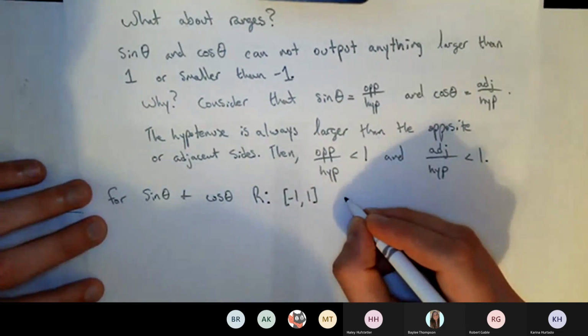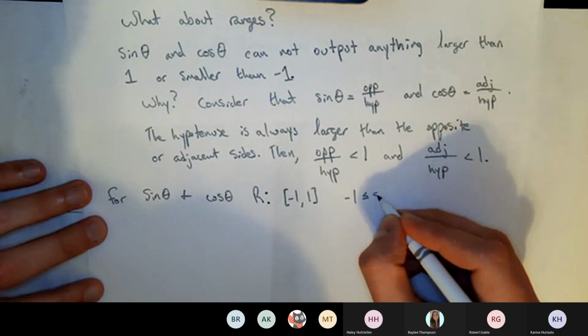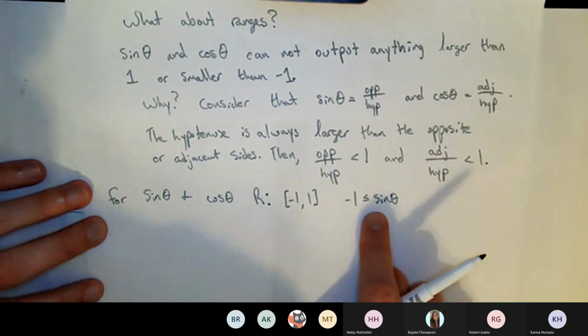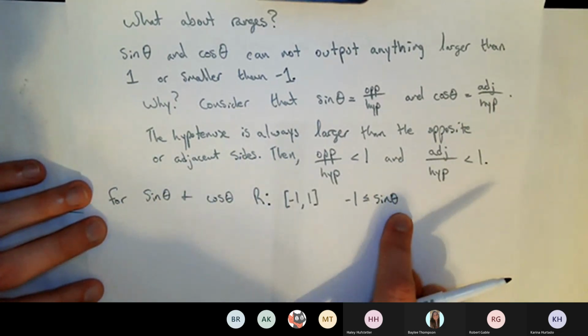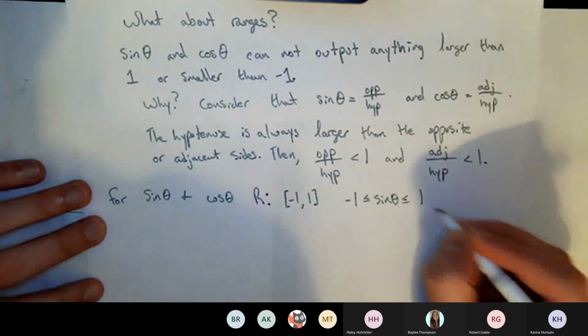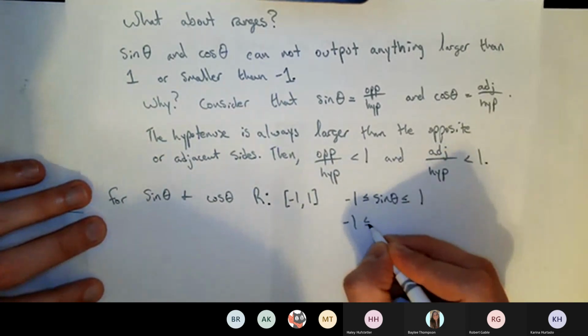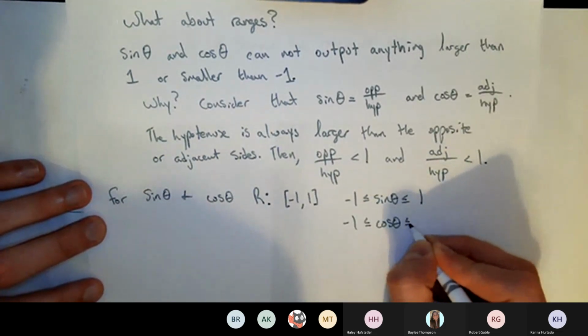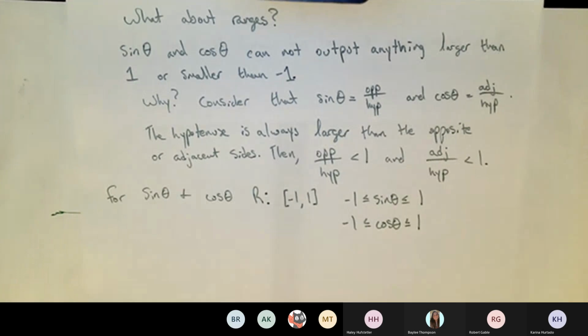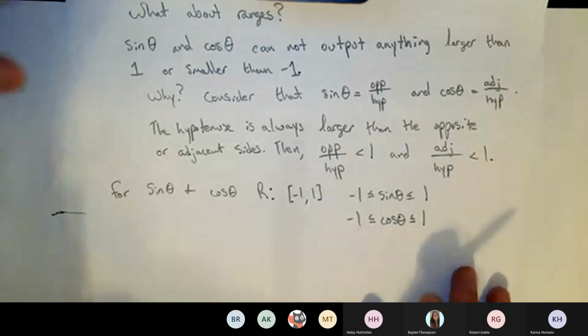If you look it up online, you might see it this way: the output of sine of theta is bounded between -1 and 1, and also cosine is bounded between -1 and 1. This is its range.